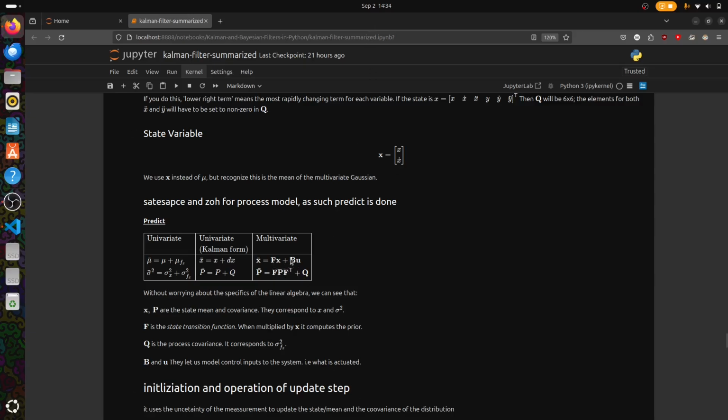You will get this from some sort of mechanical ODEs, ordinary differential equations. You have to know state space modeling. You would make a continuous state space model, and you would discretize it by some common method like zero order hold, or some other method if you'd like. And then you can get this form here.